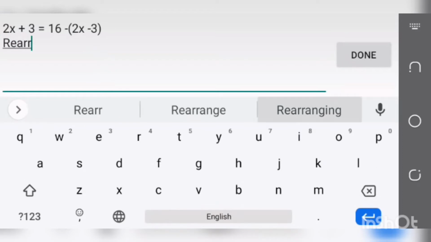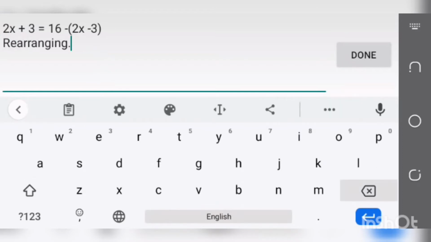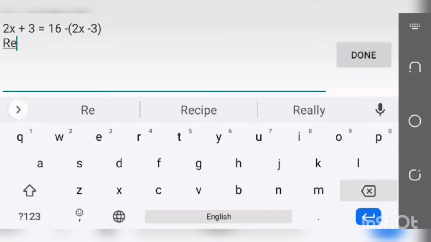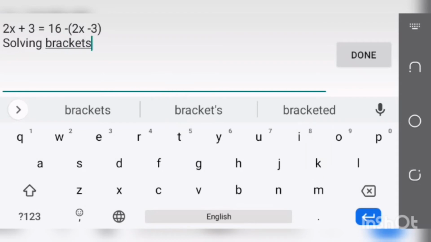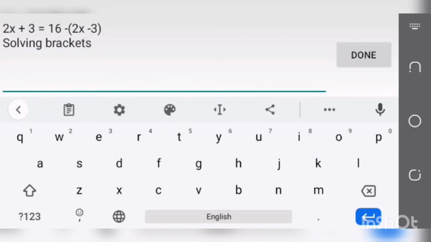We have to solve brackets first and then rearrange, in my opinion, and that is true. We are solving brackets first because of the BODMAS rule. Remember one class, two class and three class, and then you will find the basic facts.